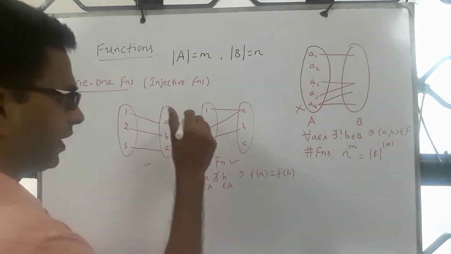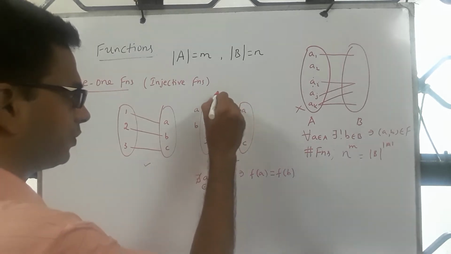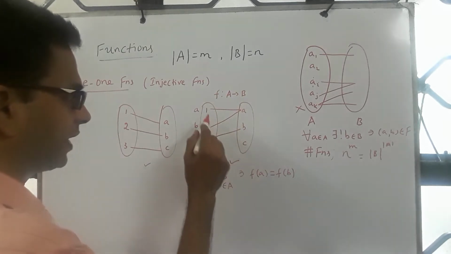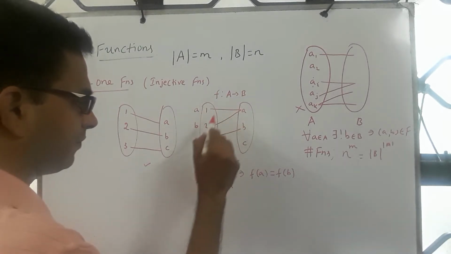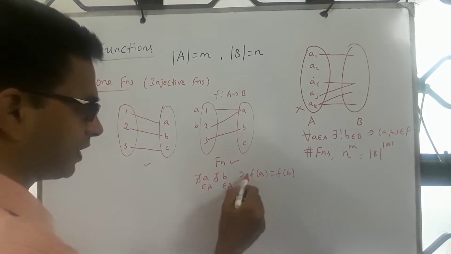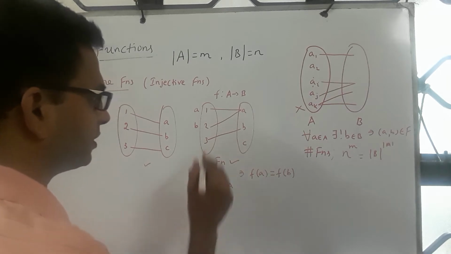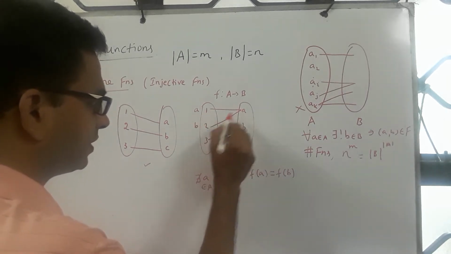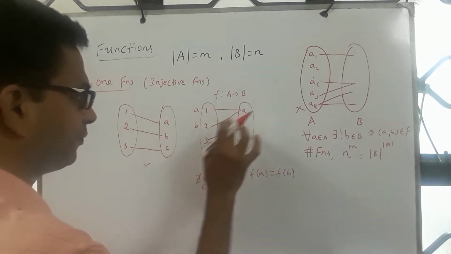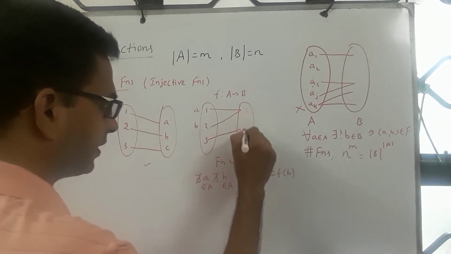Here is one a and b, and with respect to the function f from A to B, f(a) means the value of a with respect to the function. So f(a) represents the image of 1, and just to avoid confusion, let me use x, y, z here.